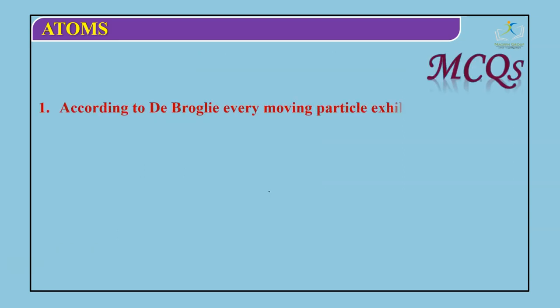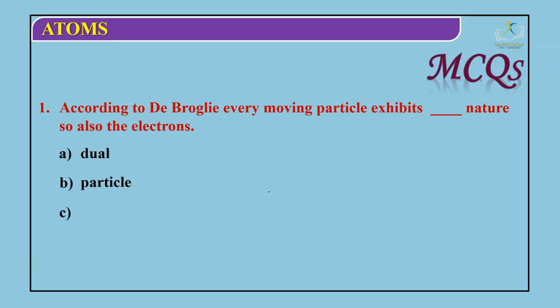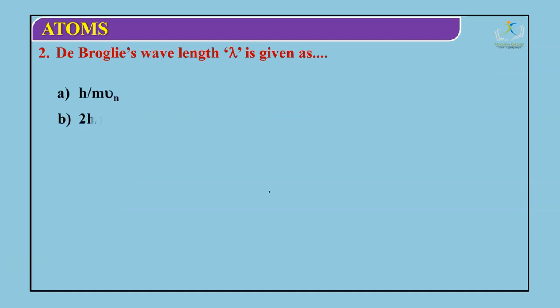Now we move to some multiple choice questions. According to de Broglie, every moving particle exhibits dash nature, also the electron: dual, particle, wave, or none of these. The correct answer is wave nature. De Broglie's wavelength lambda is given as h by mv, 2h by mv, or h by pi v.